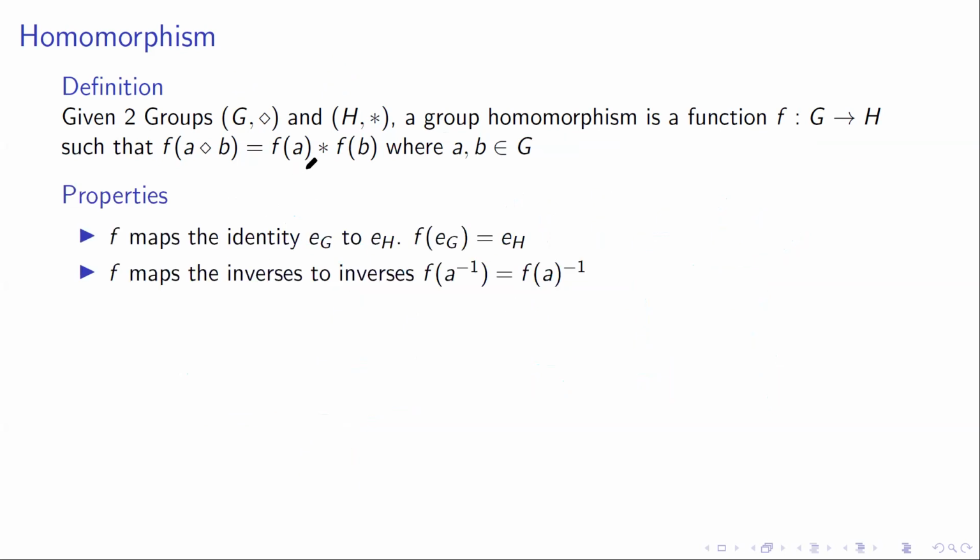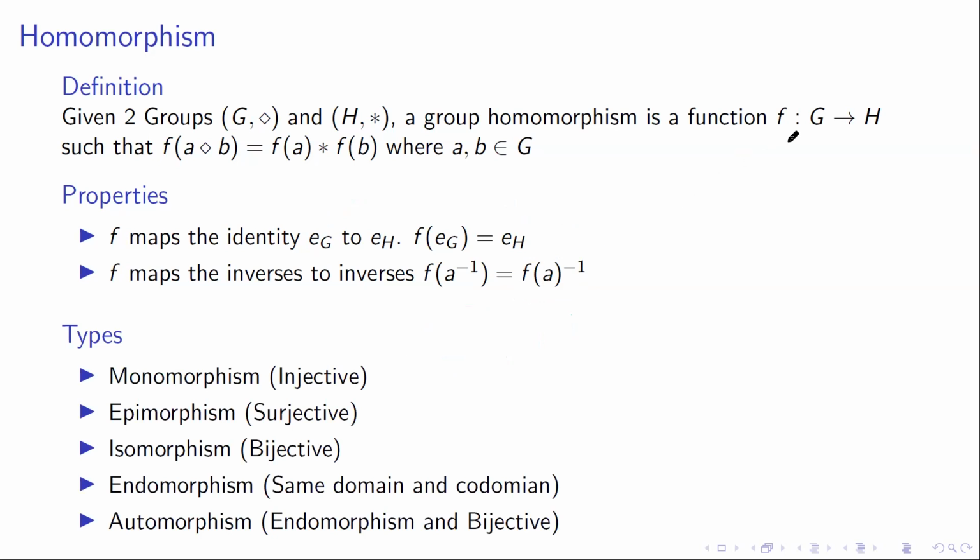Some properties of a homomorphism are that it maps the identity to the identity, so f of e_G maps to the identity of group H, and it also maps inverses to inverses. Note that this is an element in G and this is an element in H, so the order doesn't really matter.